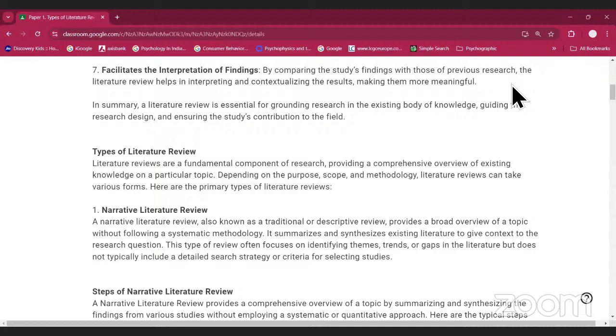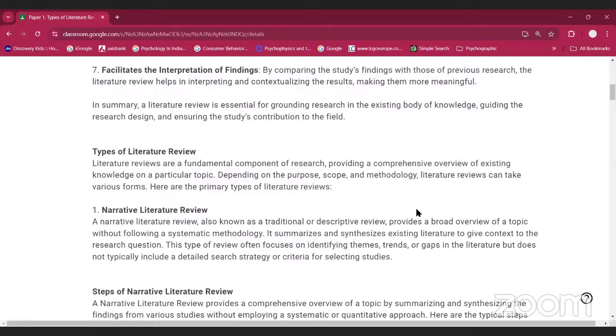Okay. So narrative literature review, mainly the summarization or synthesization of the existing literature. And there are different strategies, particularly for systematic literature review.